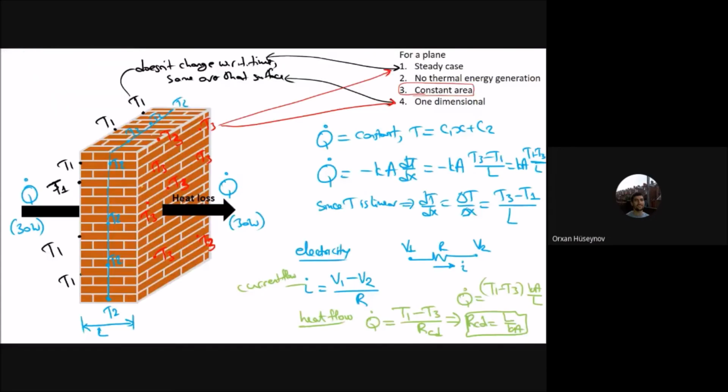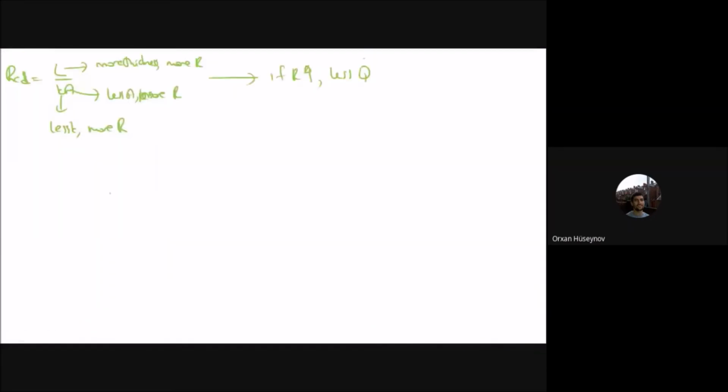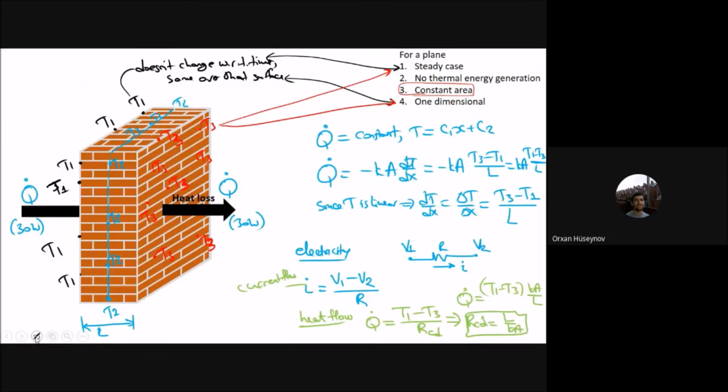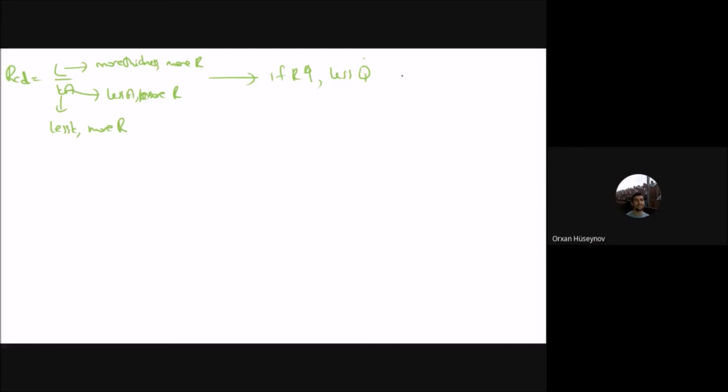Now this one is about the conduction. If I talk about the convection part now, let's talk about convection. I just forgot to add this. So you will have T1 here, you will have this resistance, which is R conduction, and you will have T3, and here you will have Q dot.